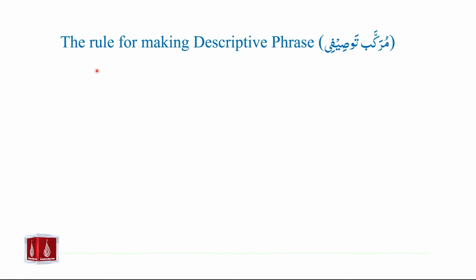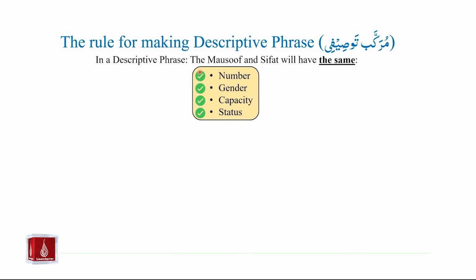The rule for making descriptive phrase or murakkab tawsifi. In a descriptive phrase, the Mosuf and sifat will have the same number, gender, capacity, and status. The Mosuf and sifat will be equal in number, gender, capacity, and status.